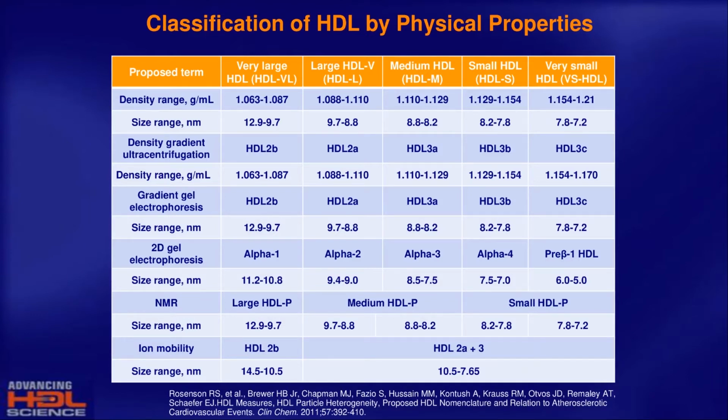And the value of this table is that you can compare the different methods that are used by investigators and see how that method compares with another method when you're trying to understand the terminology used in the peer-reviewed publications. What's not adequately captured in this table is the pre-beta HDL, or the discoidal HDL, which is a very important HDL particle that I will talk about.